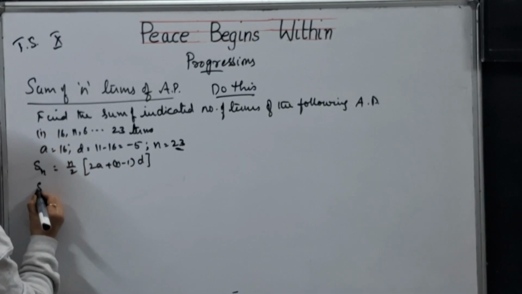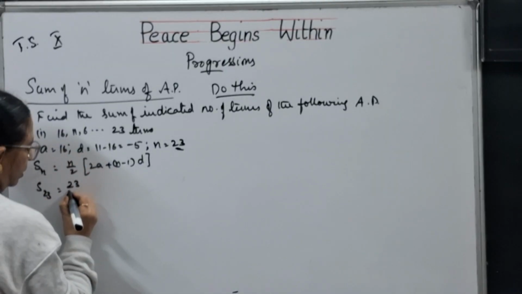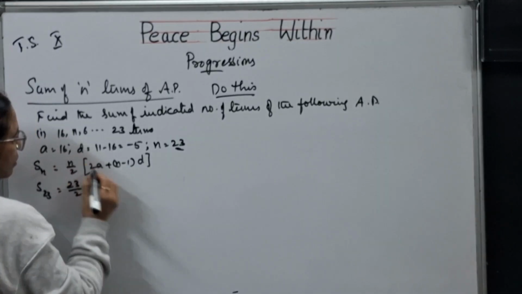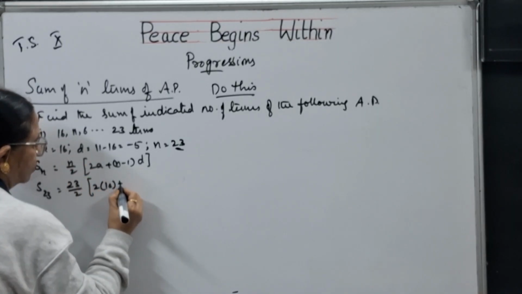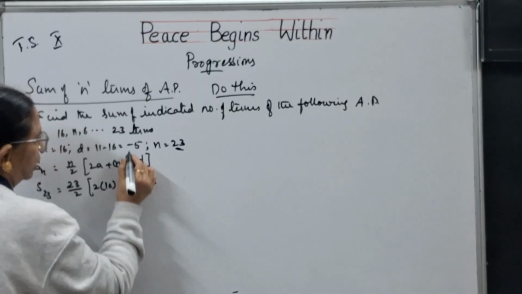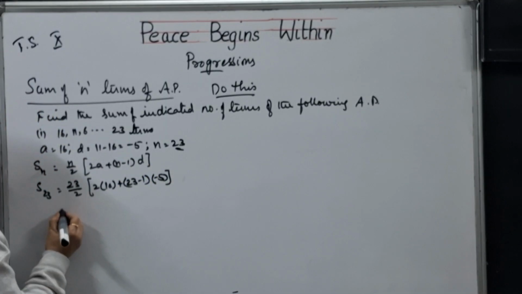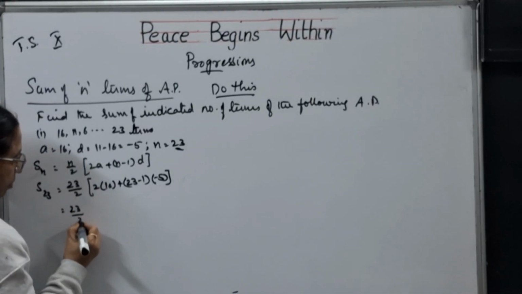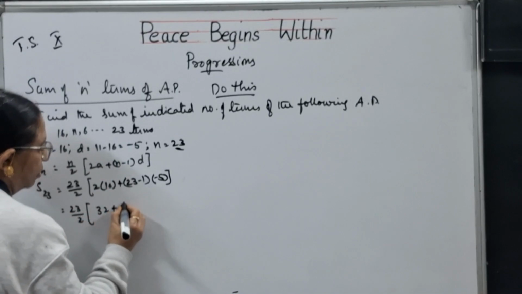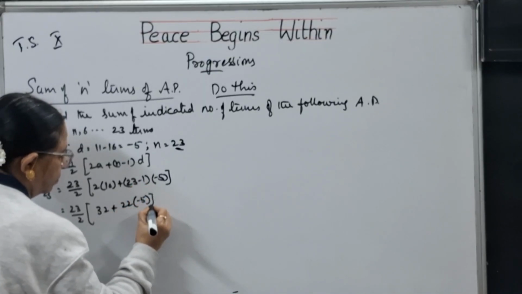So we want the sum to 23 terms. In the place of n, 23. 23 by 2 into 2 into a is 16, plus n is 23 minus 1, into d is minus 5. Simple substitution, children. 23 by 2 into 16 twos are 32, plus 22 into minus 5.